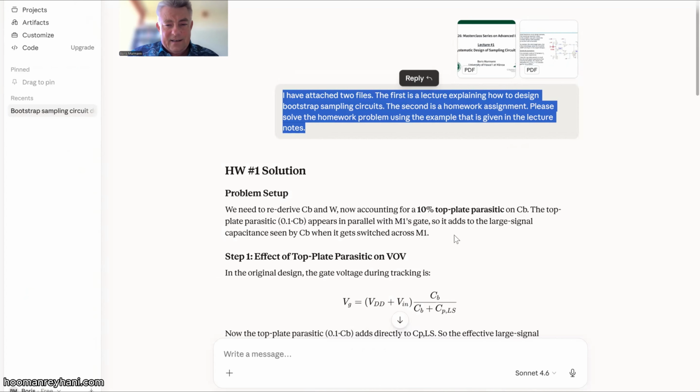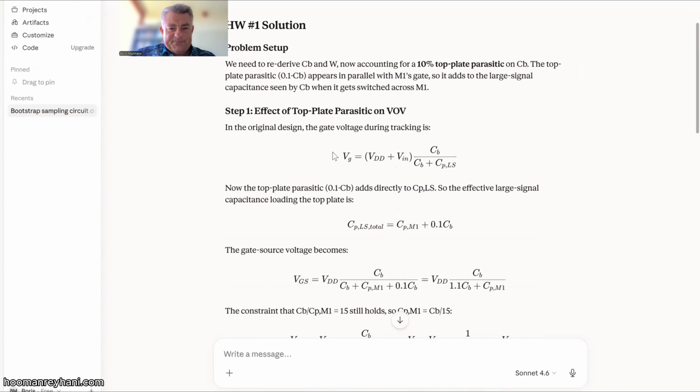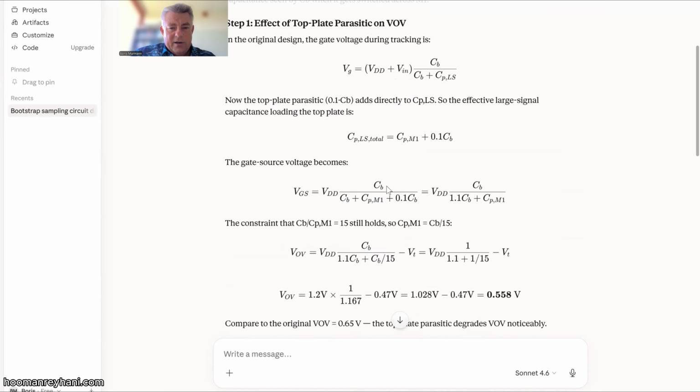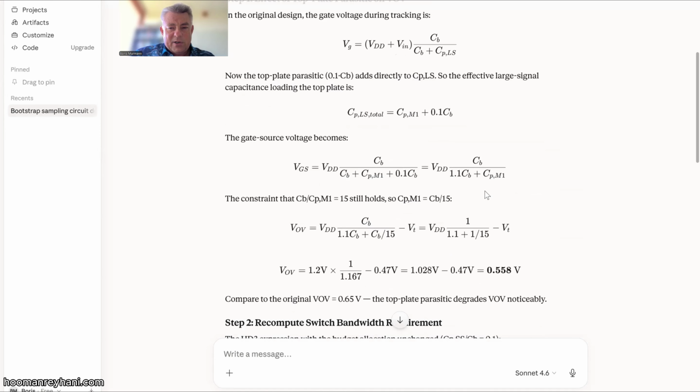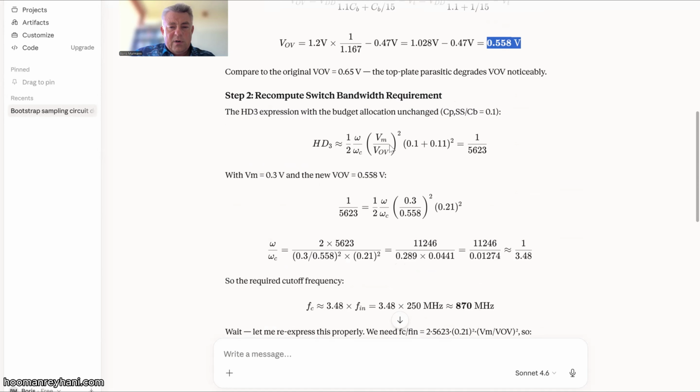In fact, it did it a little bit better than I did, because it ended up using the exact equation for VOV. I approximated this with a first order approximation, but Claude ended up using the exact expression. It therefore got a slightly different value of VOV, and that ripples through.